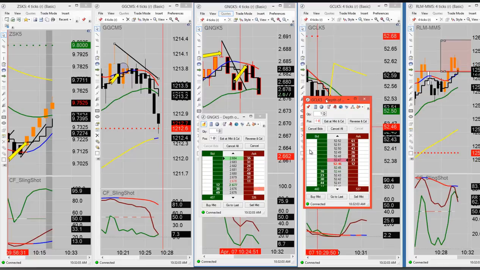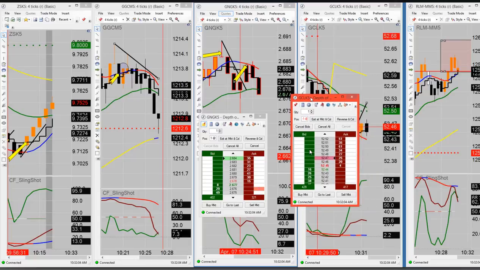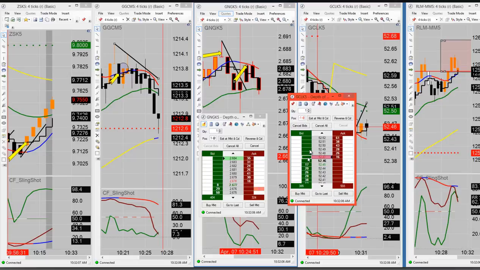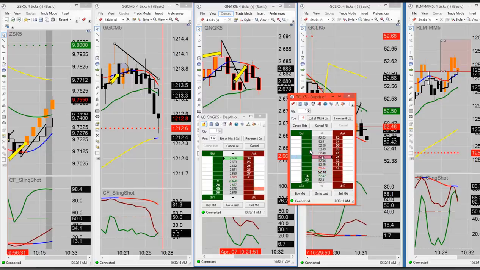And 4 ticks profit and closed below the MA1, so the stop goes to break even. There, 4 ticks profit, stop at break even, get rid of the original.